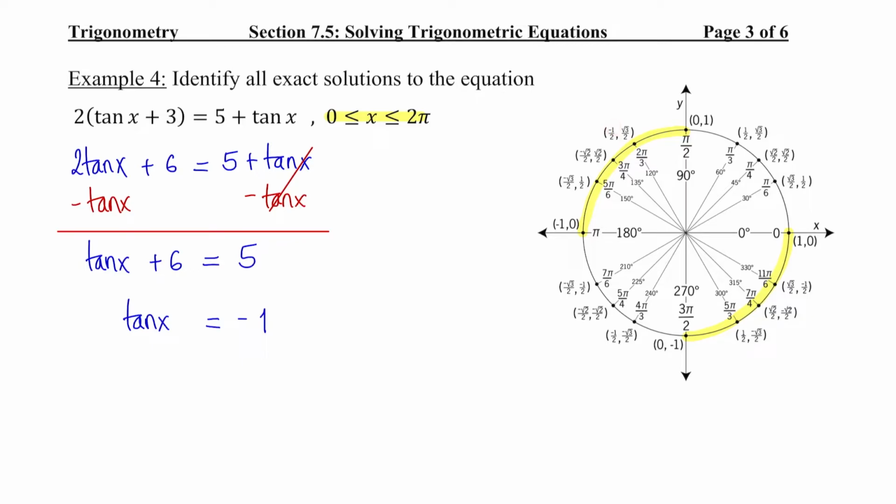I'm going to take sine divided by cosine for each angle, and I'm looking for the one that gives me -1. That is at 3 pi over 4 and 7 pi over 4. So in one cycle from 0 to 2 pi, at 3 pi over 4 and 7 pi over 4, it will satisfy this equation.